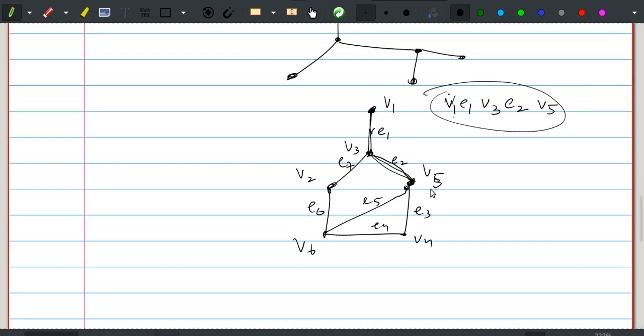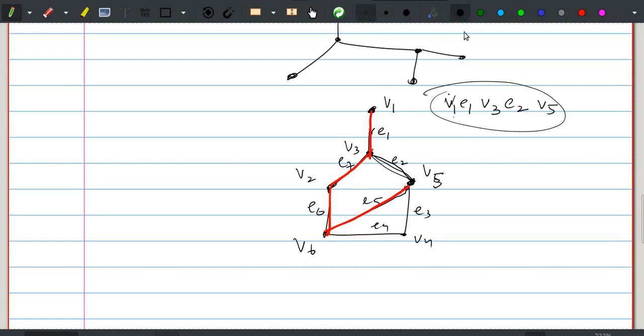Now there is this question: do we have only one path in this graph between the vertices v1 and v5? Well, the answer in this case is no, because if we look at this path, let us mark this with red color. We go like this and here and here. So this is another path.